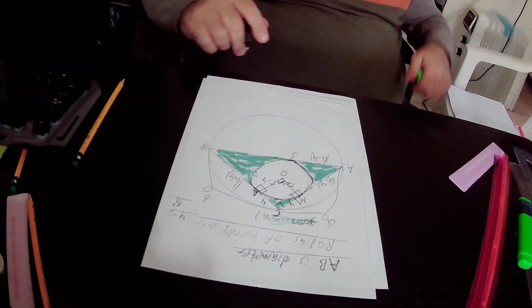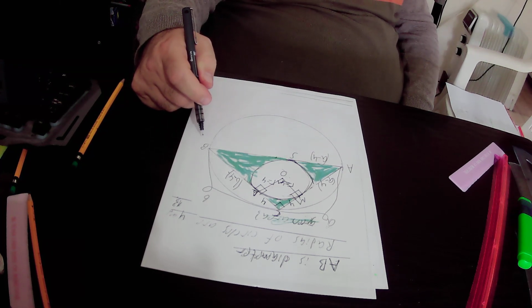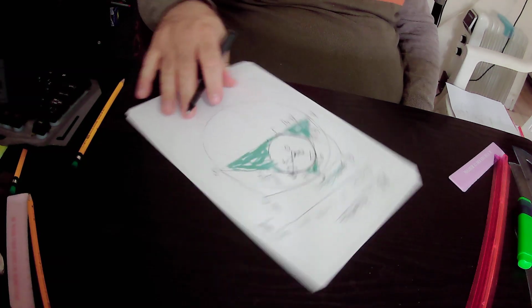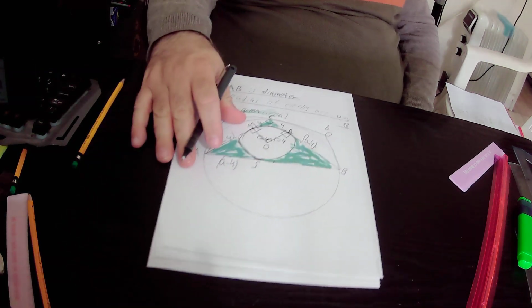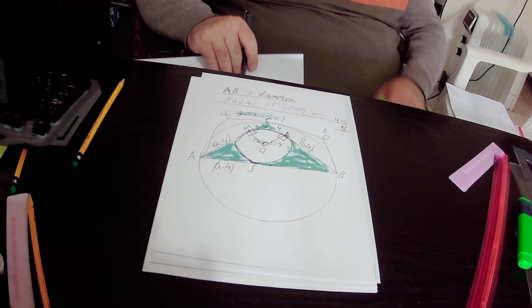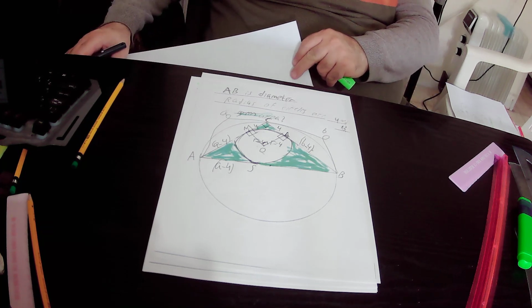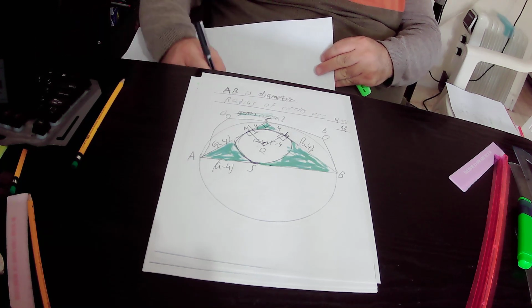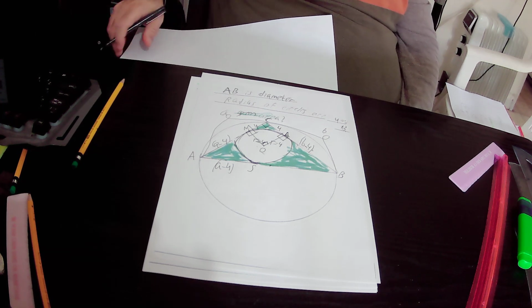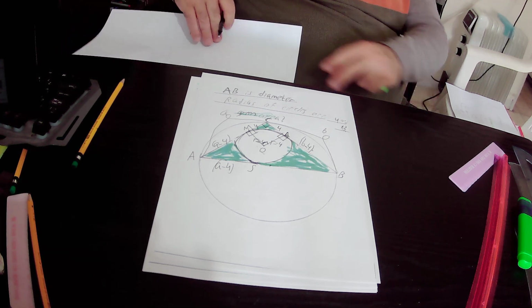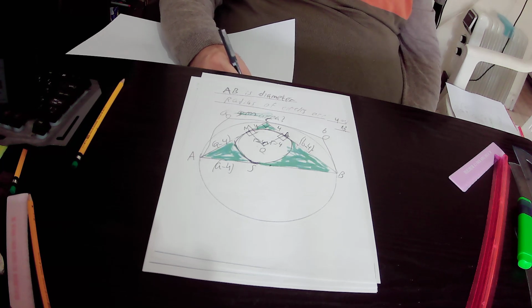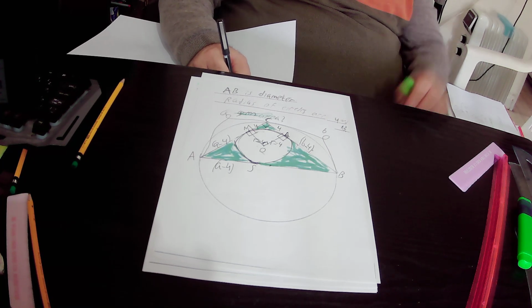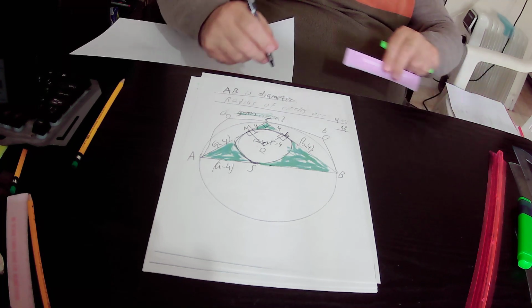In the next step, we will focus on the common external point, point B. From the common external point B, we have two tangents to this circle.